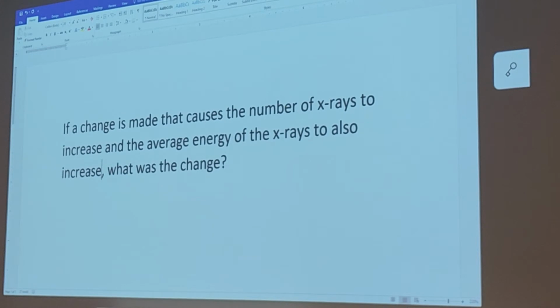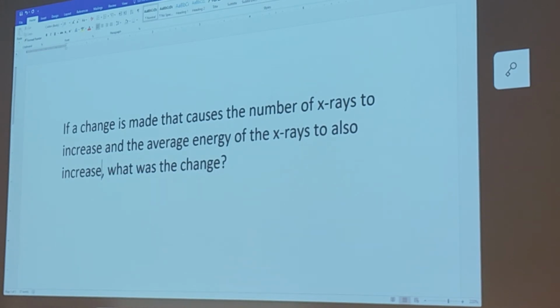That's right, the low energy X-rays. So what happens to the number of X-rays? The number of X-rays decreases because you're getting rid of X-rays. So energy goes up, number goes down. Does that match the question? No, it does not. So can this be filtration? No. We need to look for something else.